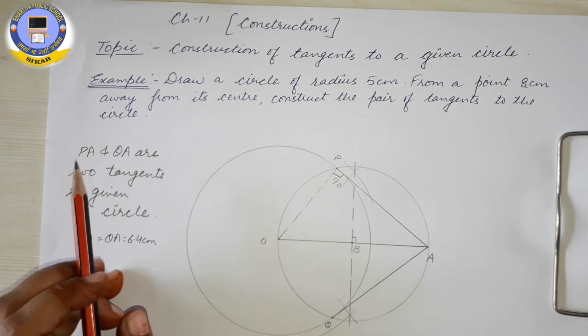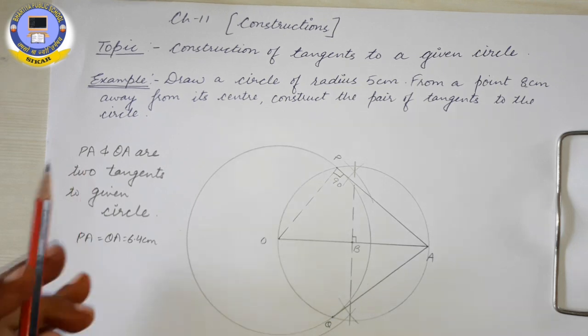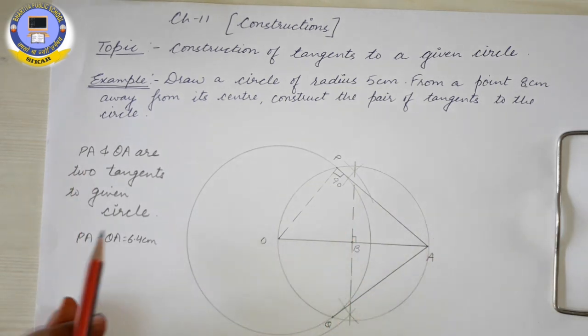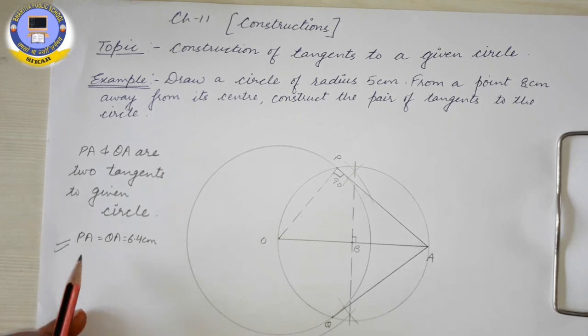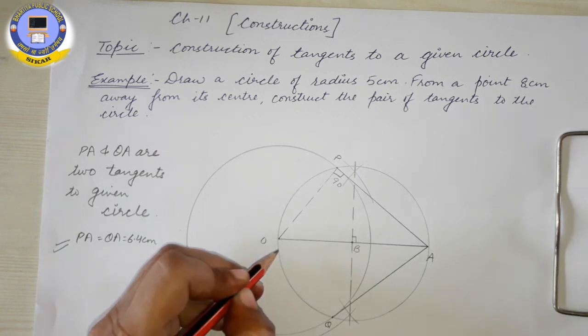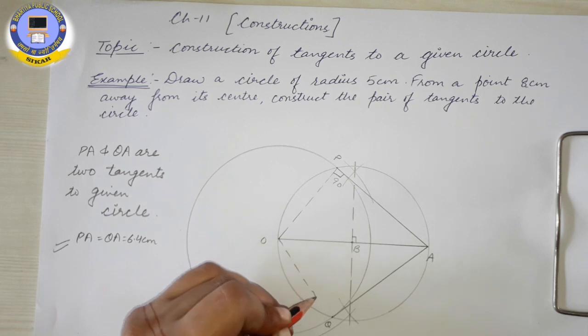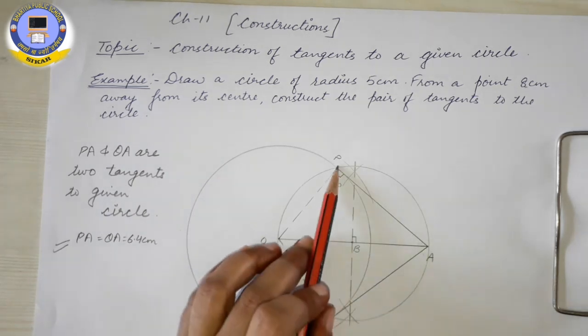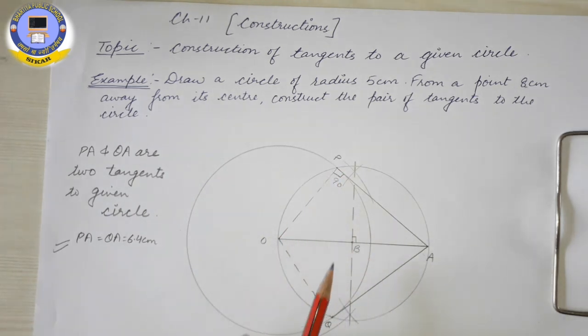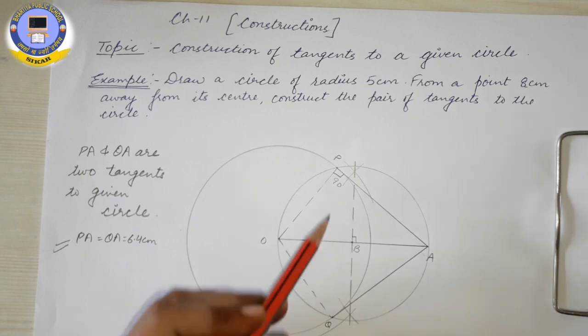Okay. Now if I am asking, you have measured both the tangents and their lengths are equal, 6.4 centimeter, but if I am asking you to prove it, justify it, then what can we do? If we will join OQ also, then can we prove triangles APO and AQO congruent? See, both the triangles are congruent. How can we prove them congruent? By the RHS congruency rule.